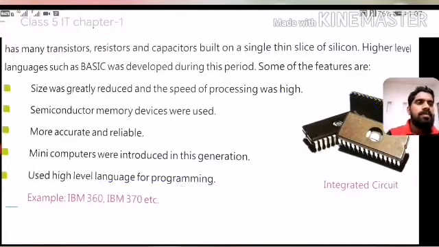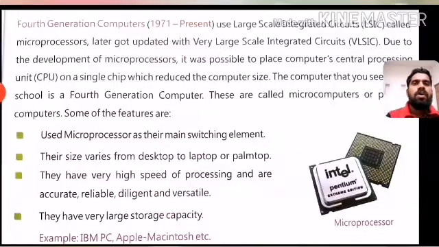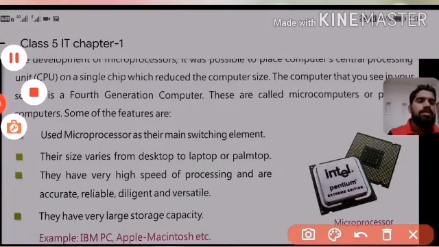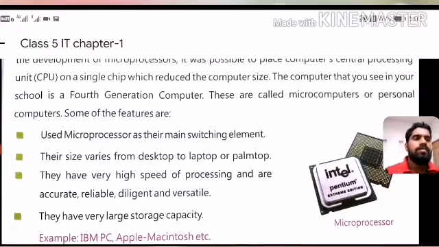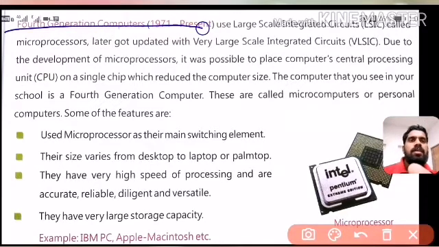Then the next, fourth generation computers.